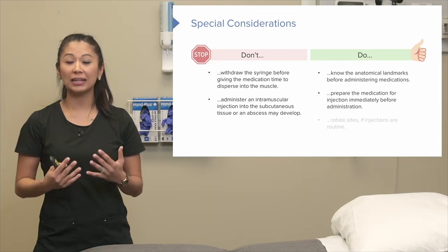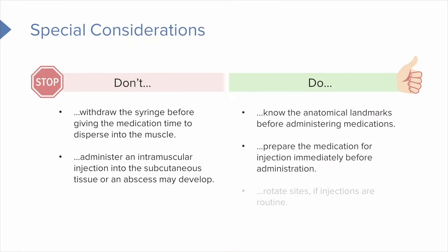Also, don't forget, anytime we give a medicine, we want to prepare the medication immediately before we administer it. And if it's applicable, we need to rotate sites if this particular intramuscular injection is routine for that patient.